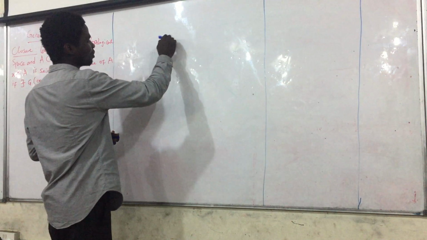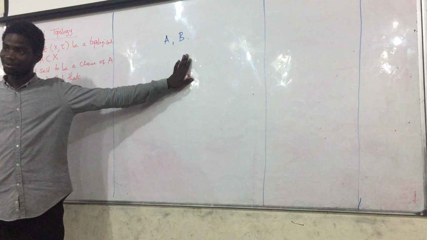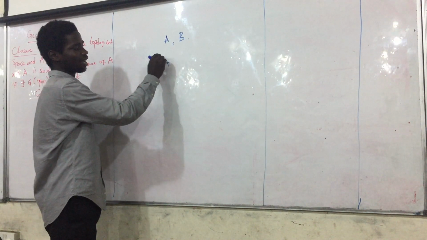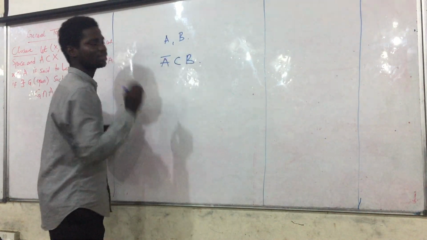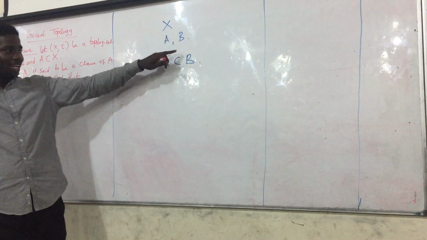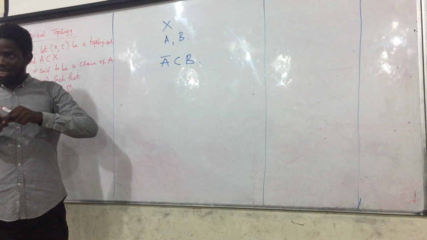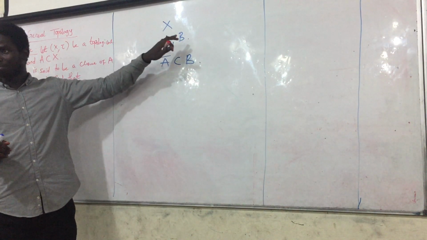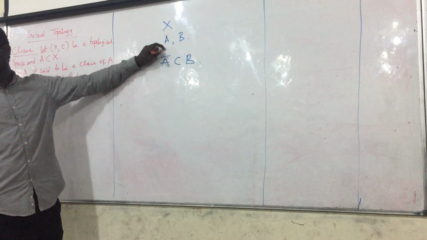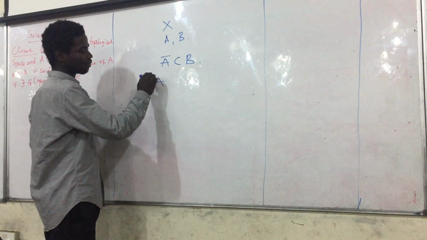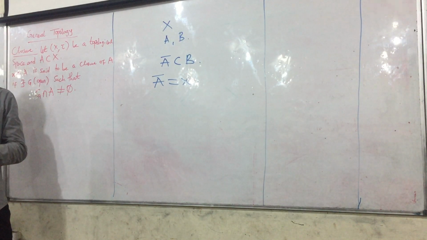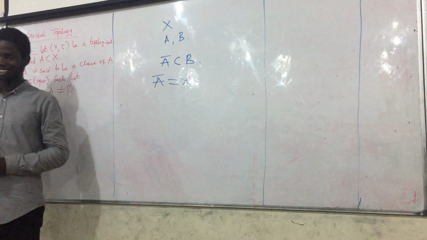If you are given two sets A and B, you say that A is dense in B if B is contained in the closure of A. Do you get that? Let S be the whole space, a topological space, and A and B are subsets of S. Then we say A is dense in B if the closure of A contains B. But we say A is dense in S if the closure of A is equal to what? S. Why? Because A is a subset of S.